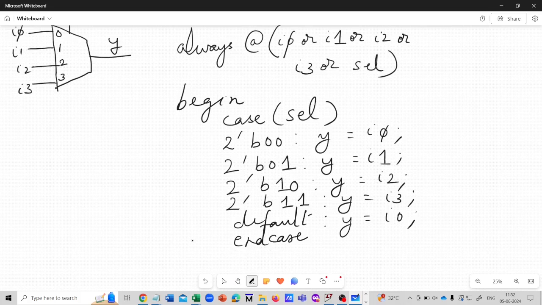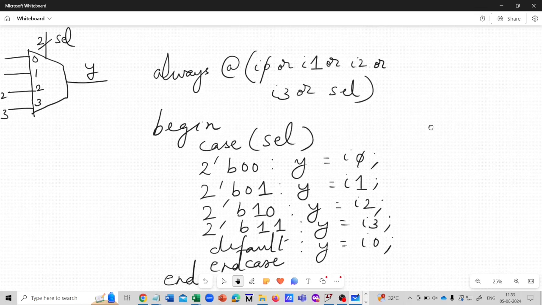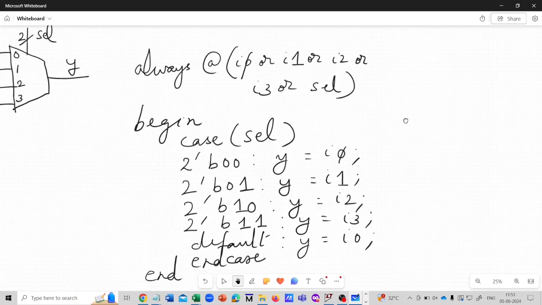You close the case with an end case statement, and then of course you wrap up the always block with an end statement. Of course, then you also will have the end module, which I have not shown. So there you are. This is the Verilog model for a 4 to 1 mux.